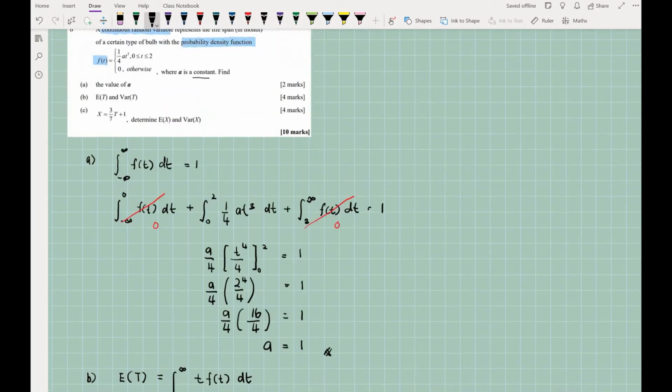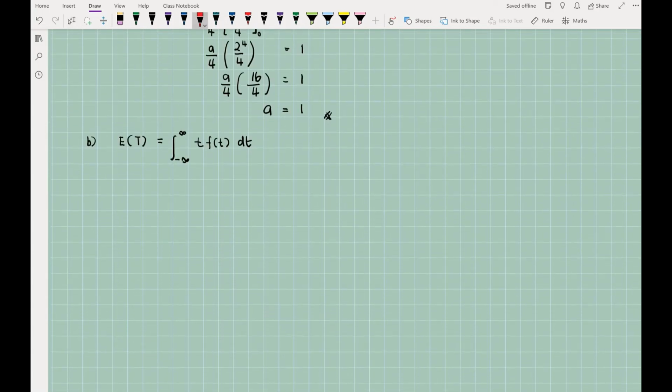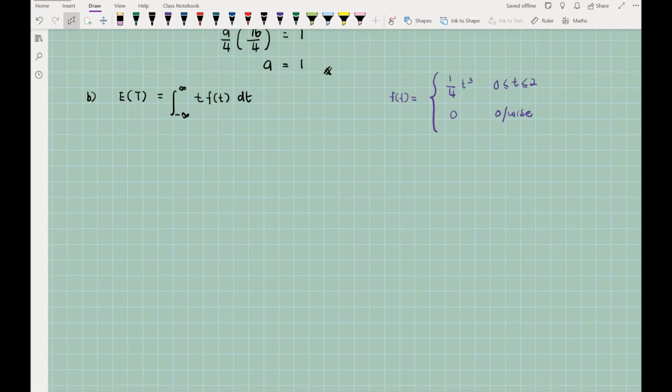Okay, so dari sini kita ada satu interval sahaja from 0 to 2. And if you recall, this is actually our PDF. So we know that I have 1 over 4 t cube untuk t from 0 to 2 and 0 otherwise. So what I can do here is just integrate. Macam tadi juga, we are going to separate the working.